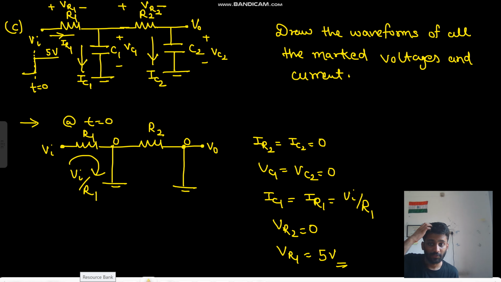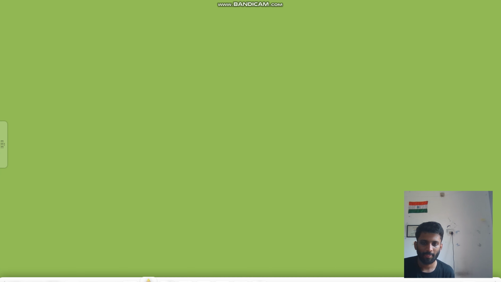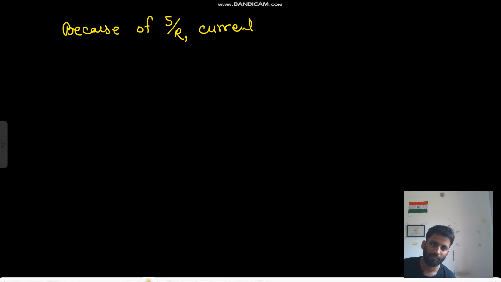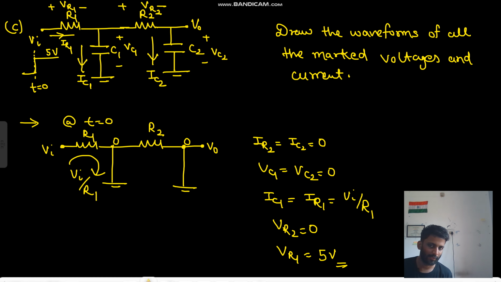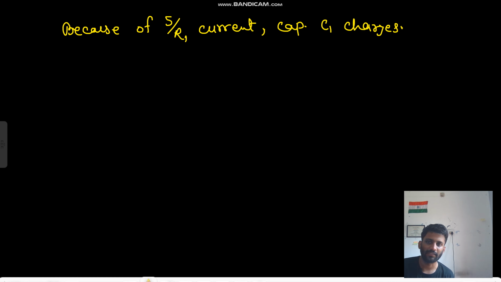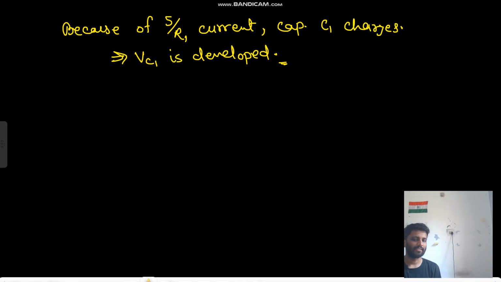Now because of this 5 by R1 current, capacitor C1 charges. This 5 by R1 current is flowing through the capacitor as well. That means VC1 is developed.